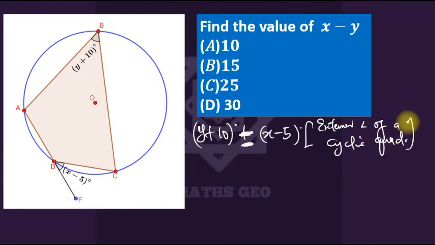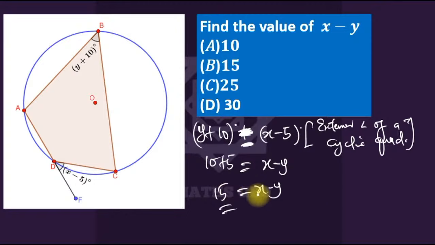So this is an equality sign. We're asked to find x minus y. So y goes over to be here to be x minus y, and the 5 goes here to be 10 plus 5. So x minus y is 15. So that's a fast one, very easy.